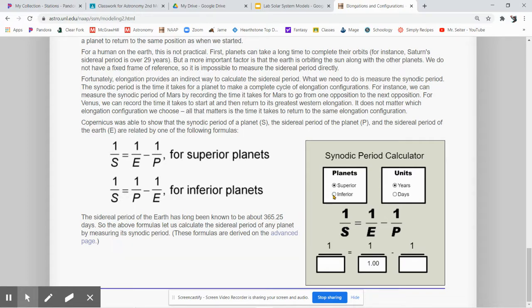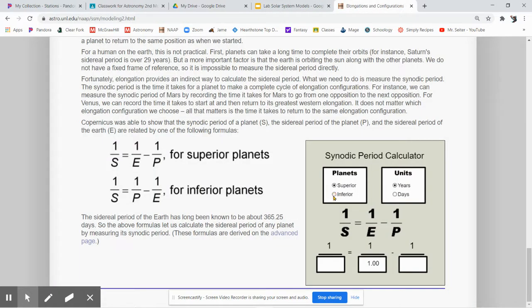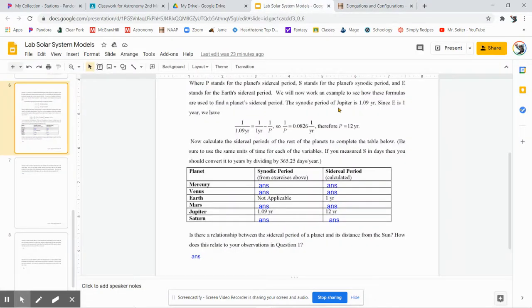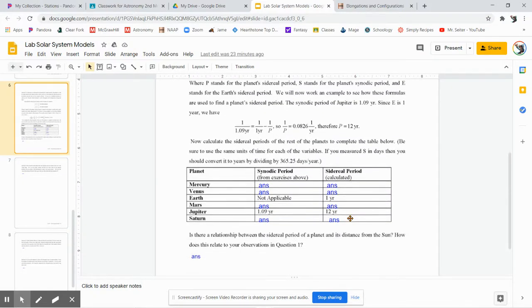And it says here, first off, Mercury. And we know Mercury is an inferior planet, so we're going to have to click inferior here. That might be where it does not work. So anyway, let's try it and see what happens. So the synodic period of Mercury, we're going to scroll back up and find out what our synodic period was for Mercury.